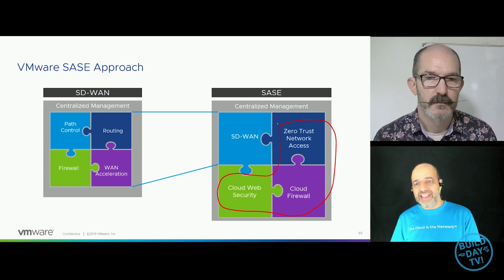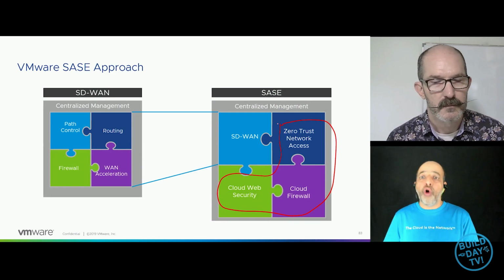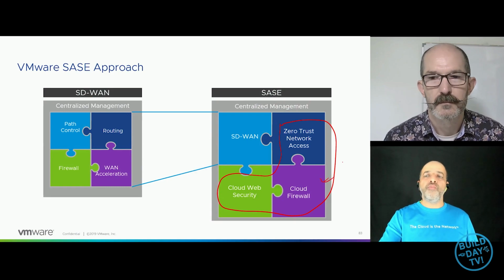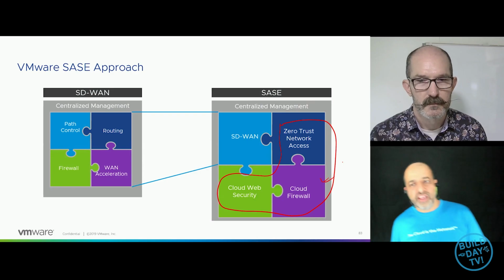So the VMware SD-WAN gateway is now onboarded not only with SD-WAN services, but also with security services like Zero Trust Network Access and Cloud Web Security, the same Cloud Web Security we showcased with Zscaler in this case.